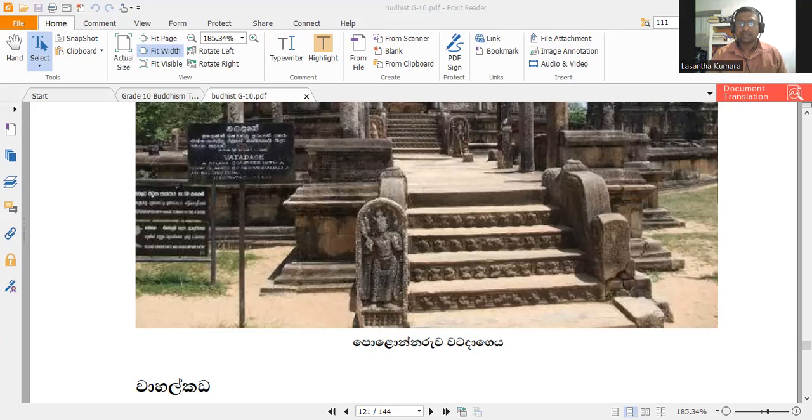Especially Vatadage or Chaityagara had been built around small stupas. When you go to Anuradhapura, at Tuparama, you can see only the stone pillars today. You can see the structure. And also Lankarama in Anuradhapura. You can see only the remnants, the remains, but not a complete structure.